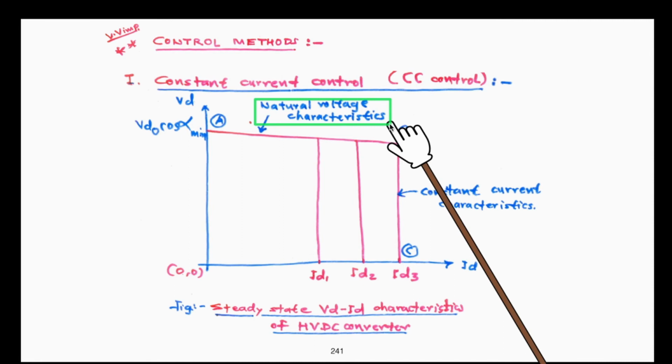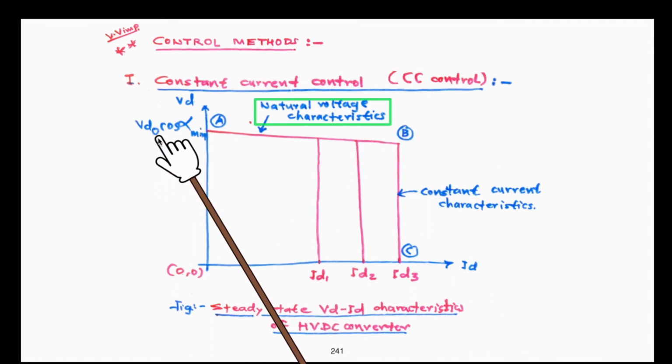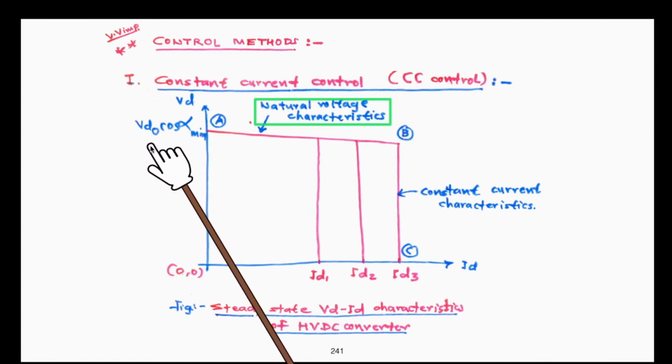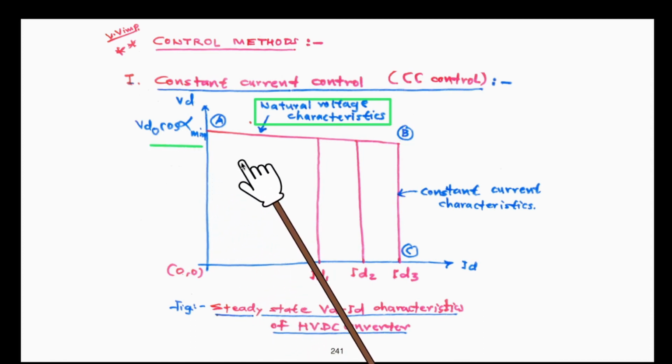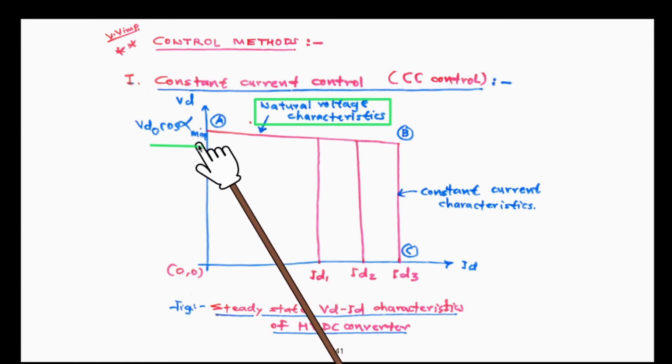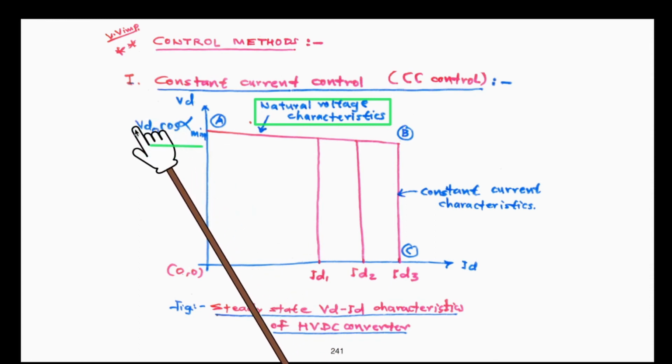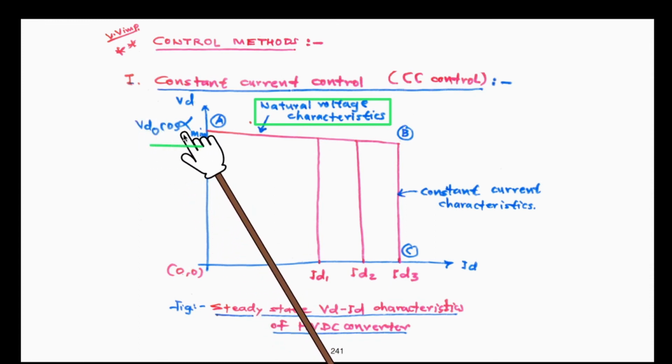Why is it called natural voltage characteristics? Because we have set the voltage at the converter output by keeping alpha at the minimum value. Minimum alpha can be 2 to 5 degrees. So VD0 depends on the AC side voltage, VD0 cos alpha, with the firing angle set to minimum.